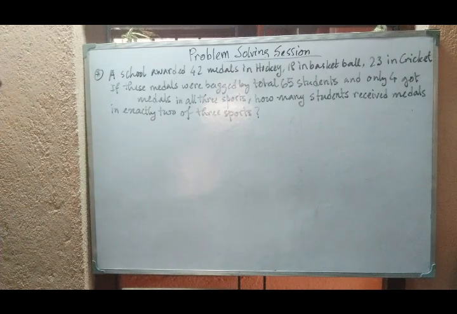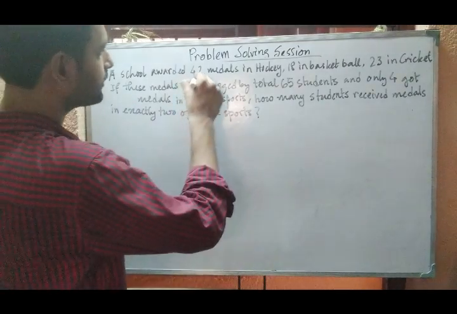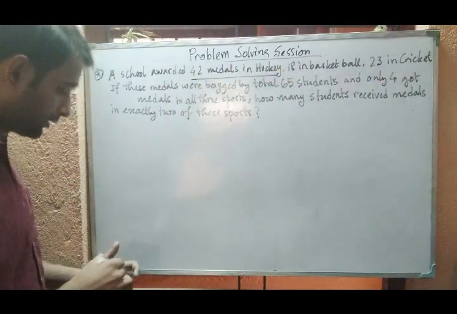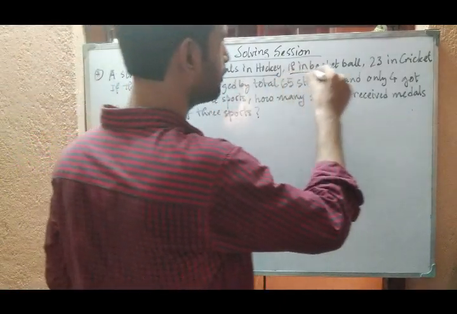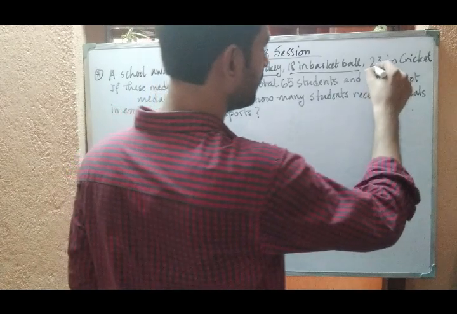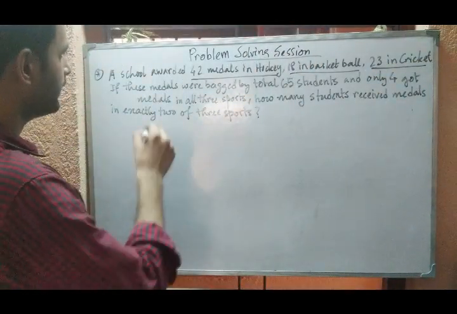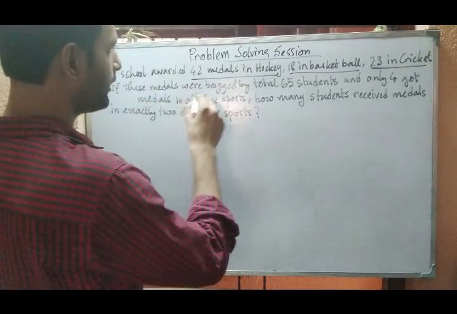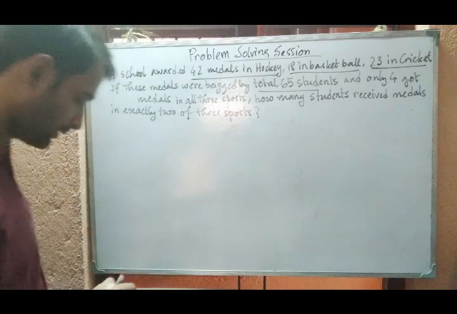So these kinds of problems we can deal with the concept of set theory. So see here, the idea is like this, we'll take 3 sets regarding the students who got medals in hockey, the students who got medals in basketball and the students who got medals in cricket. Now it is given that all the medals were bagged by only 65 students.